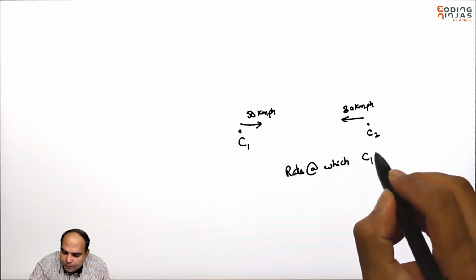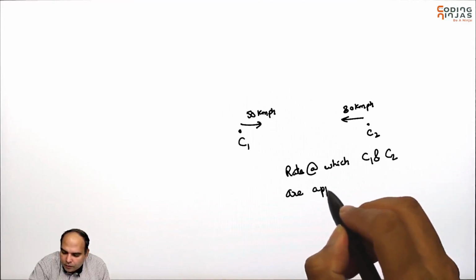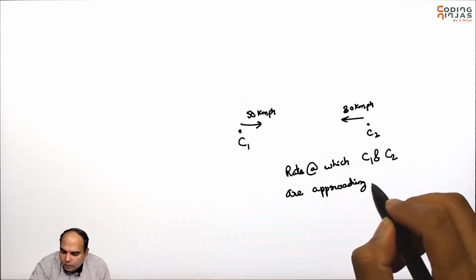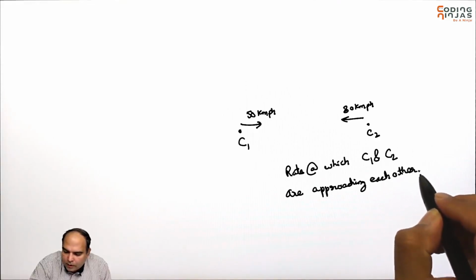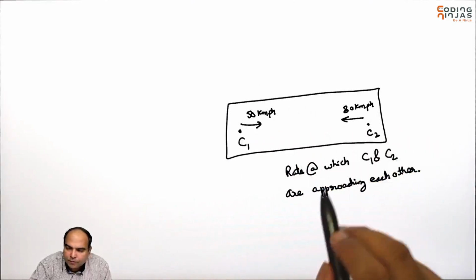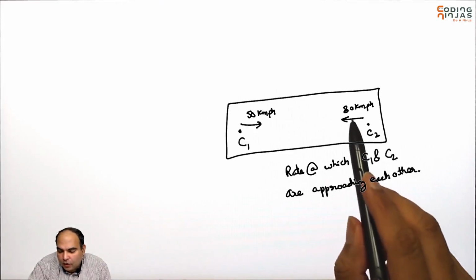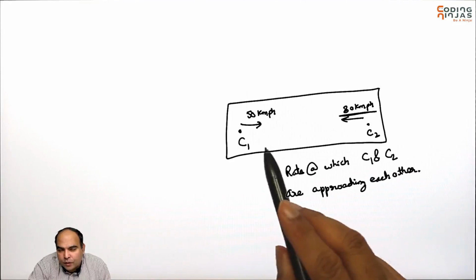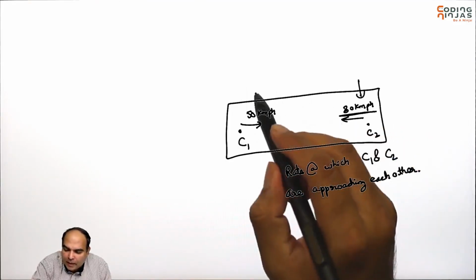C1 and C2 are approaching each other. This scenario shows the rate at which C1 and C2 are approaching each other, right? And because in this scenario the observer is also moving towards the car which is approaching him, the observer's speed gets added to the speed of the car.